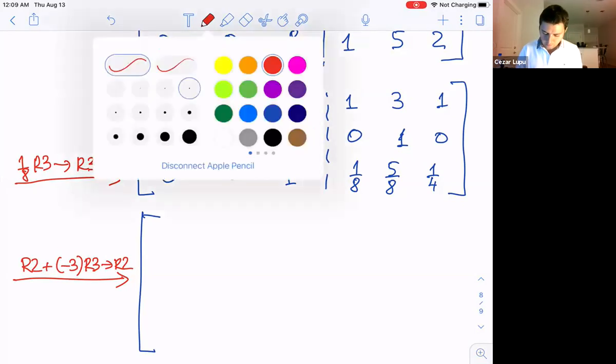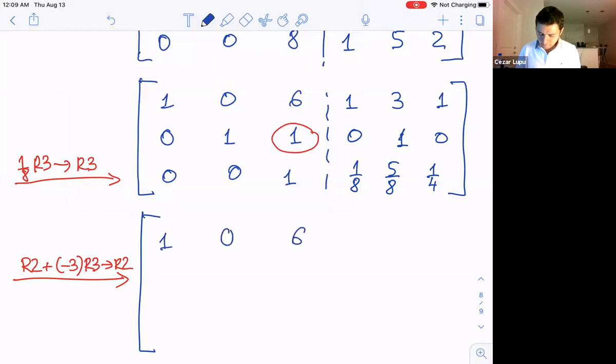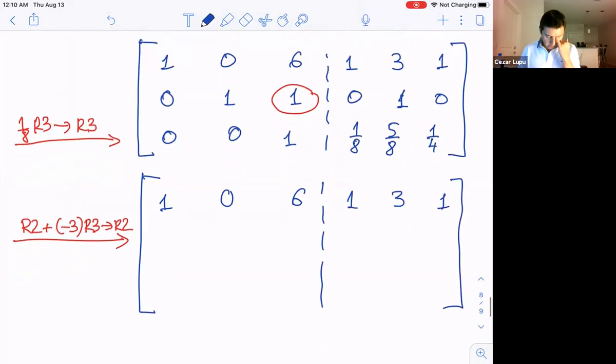We'll have 1, 0, 6, 1, 3, 1, and then the second one will be 0, 1, 1 minus -2, right?